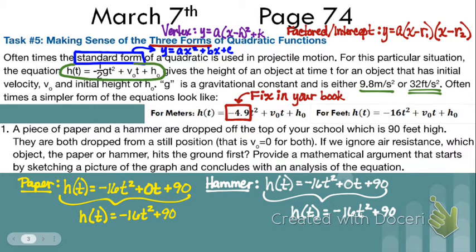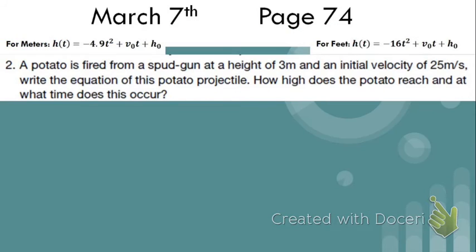I want you guys to look at the second one. Look at number 2. A potato is fired from a spud gun at a height of 3 meters and an initial velocity of 25 meters per second.